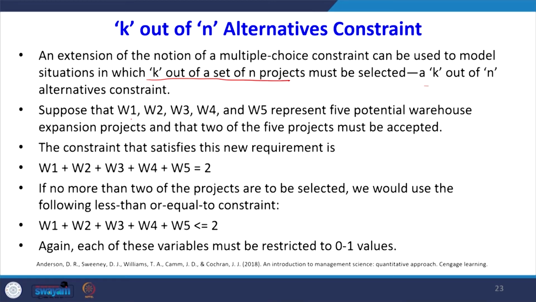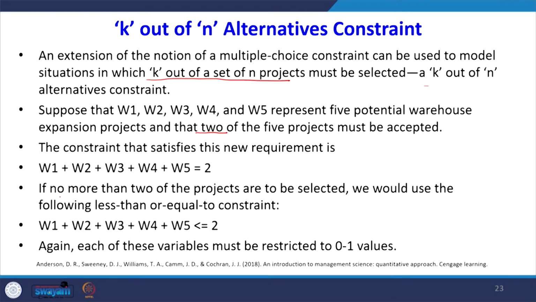Suppose that W1, W2, W3, W4 and W5 represent 5 potential warehouse expansion projects, and that 2 of the 5 projects must be accepted. Then how to write this constraint? The constraint that satisfies this new requirement, that is 2 of the 5, can be written W1 plus W2 plus W3 plus W4 plus W5 equal to 2. So that means out of the 5 only 2 will be selected.